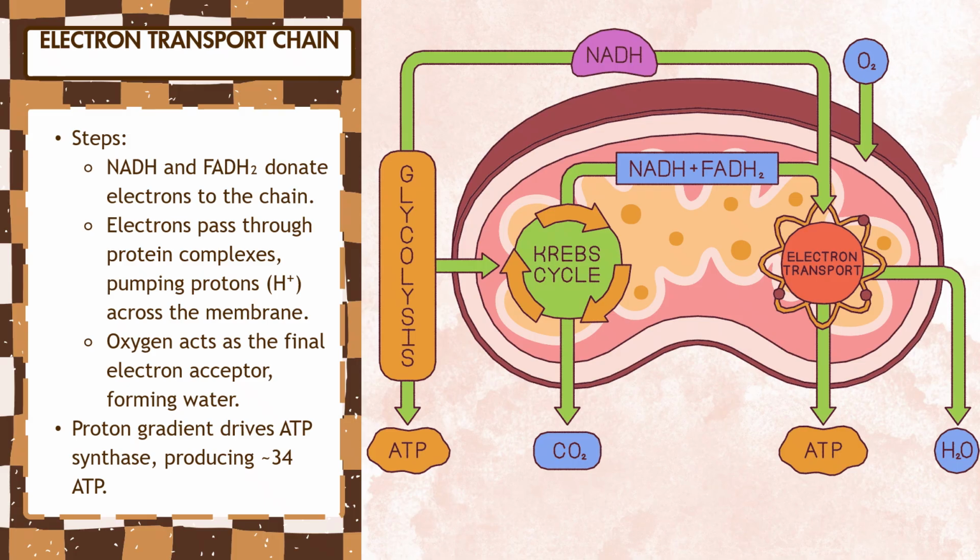So as they're getting released, the electrons are going through the different proteins, protons are being released, they naturally go from where there's a lot to where there's a little. So they go out into the intermembrane space, which creates a high concentration of hydrogen in the intermembrane space. So what happens?